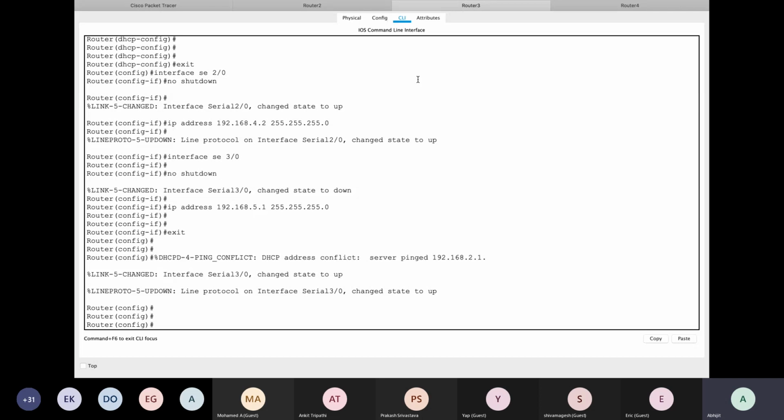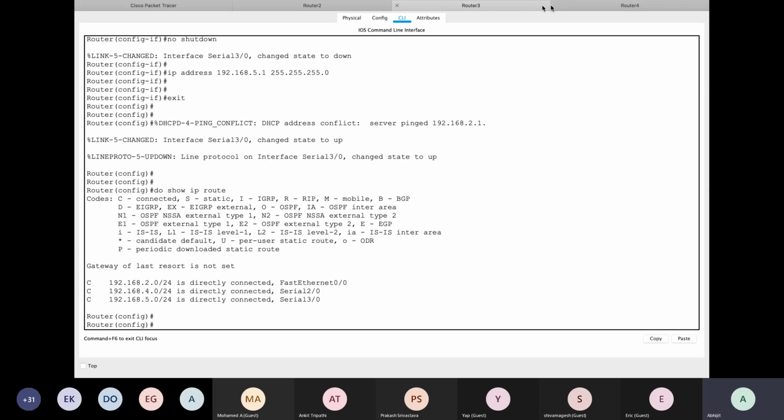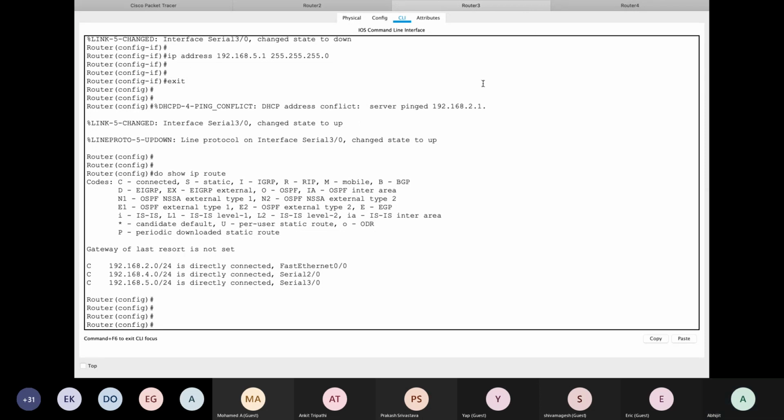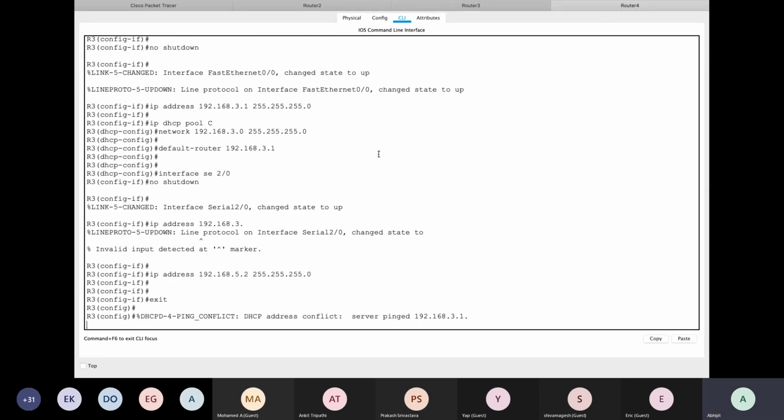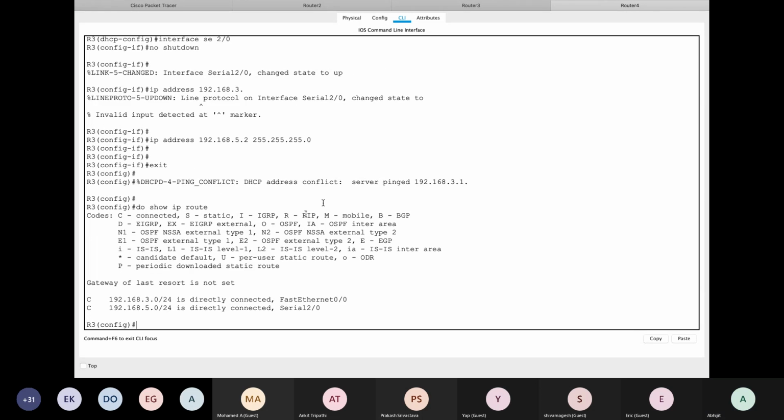On R2, if I go and say do show IP route, 2, 4, and 5. Then after that, if I say do show IP route, 3 and 5, 3.0 and 5.0, right? So we just have the directly connected networks over here.